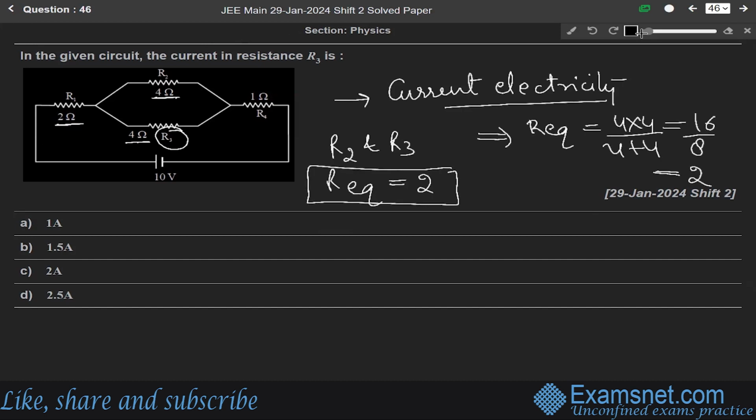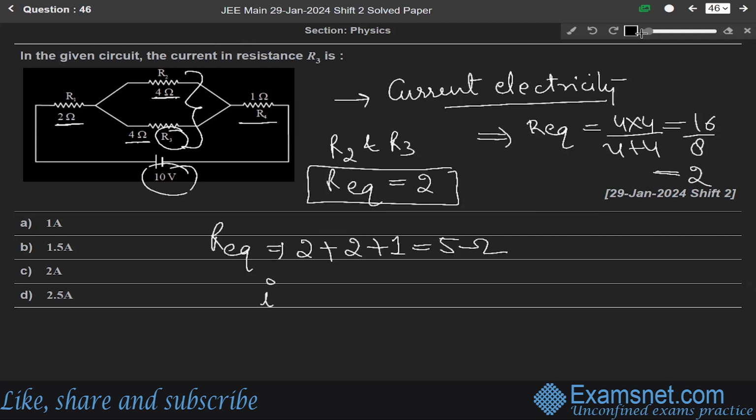And this R1 and this R equivalent and R4, they all are in series. So for this, R equivalent will be equal to 2 ohm plus this 2 ohm plus 1 ohm equals to 5 ohm. Now total potential is what? 10 volt. So the current through this whole circuit will be, V equals to IR, so I will be V over R. V is 10 volt over R is 5 ohm.